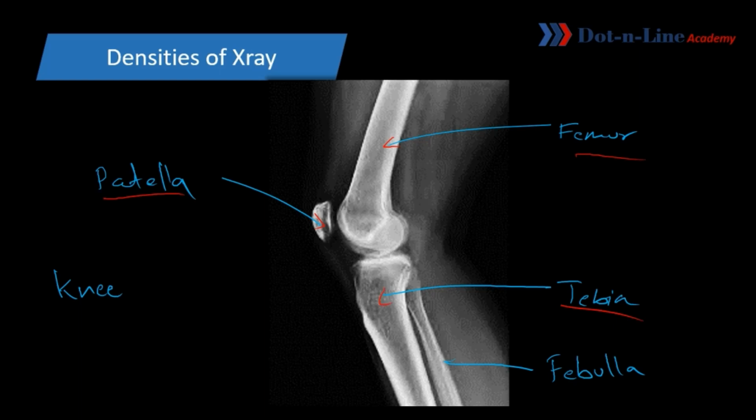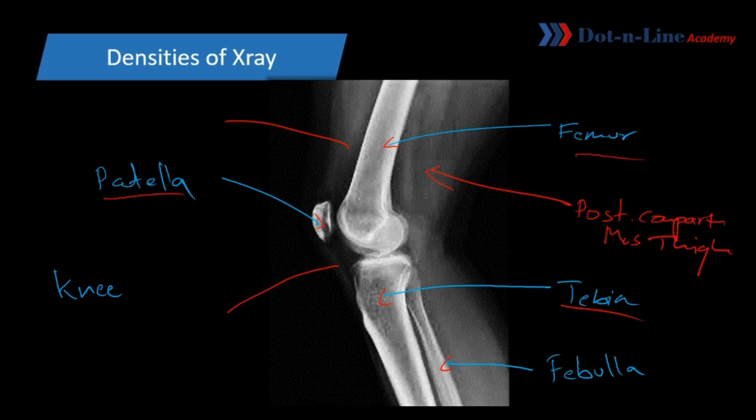Now coming to the parts of gray, the shades of gray. These are the shades of gray. So what muscle? It will be a soft tissue, and here it will be a muscle. These are the posterior compartment muscles of the thigh. It will be the anterior compartment muscles. You can name them, they will be quadriceps femoris.